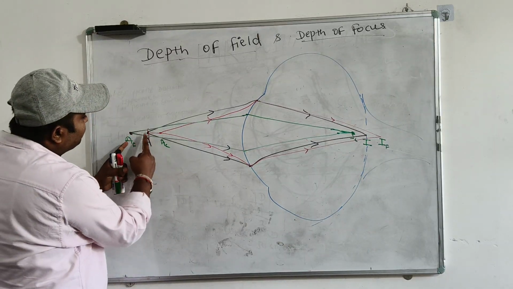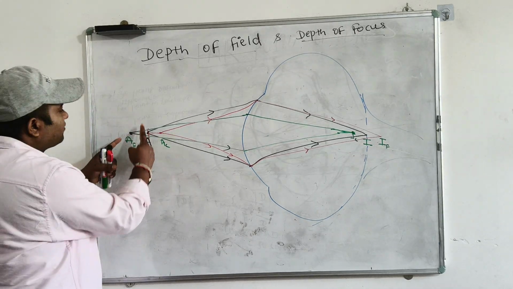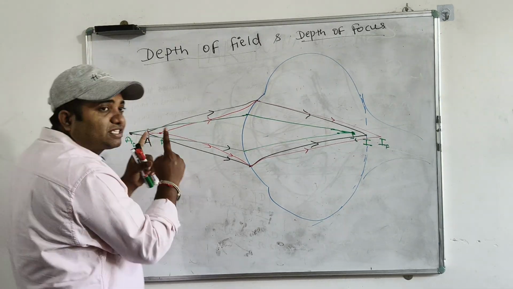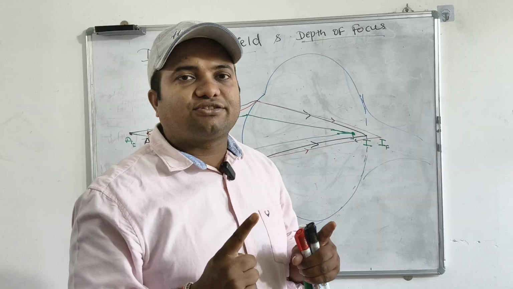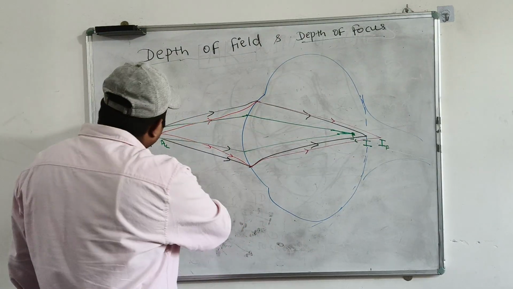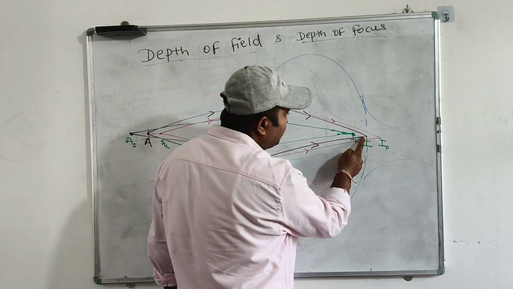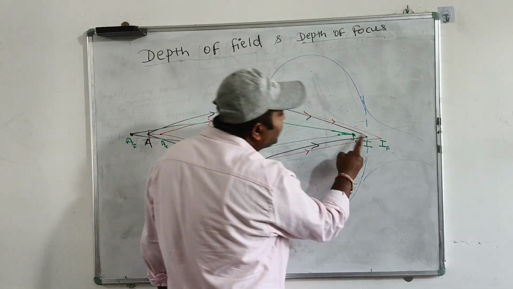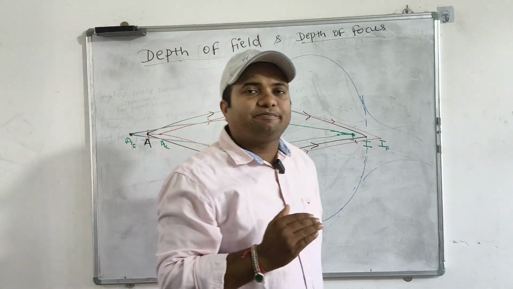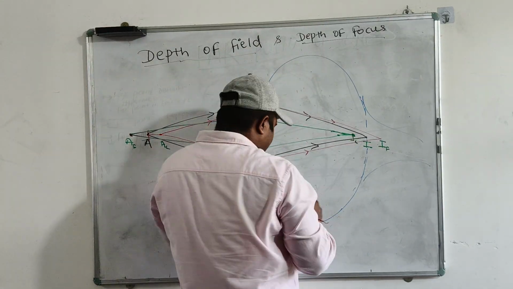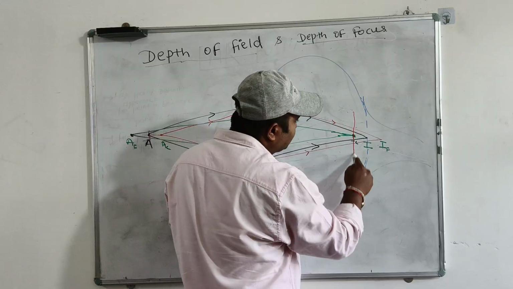The range of distance slightly closer and slightly farther from the original focus distance, where the object can be seen clearly without change in accommodation, is known as depth of field. Then the same conjugate here: the original object is focused at the retina, but even when the image is slightly in front or slightly behind the retina, the image is still seen clearly without change in accommodation.